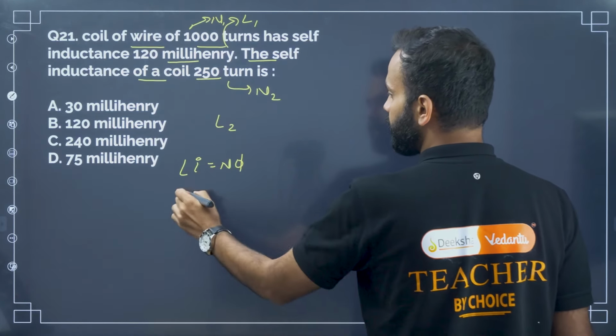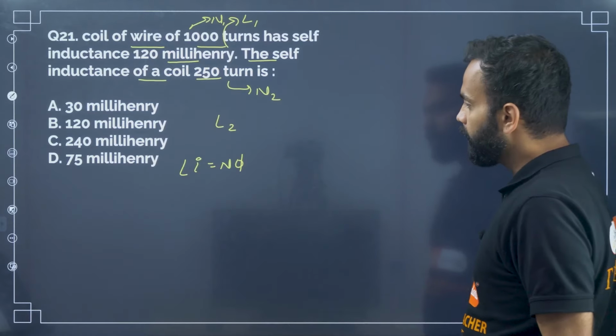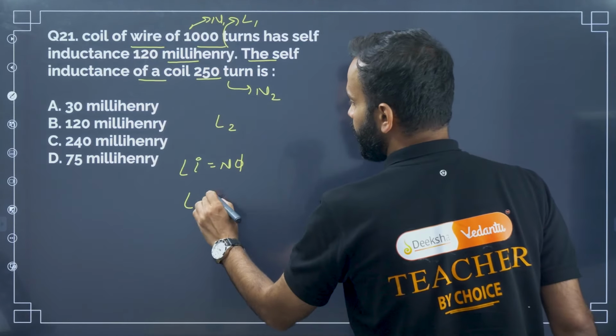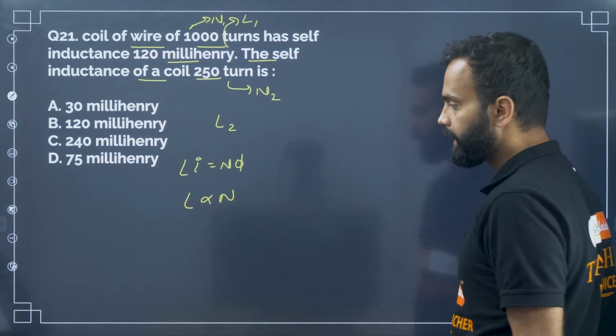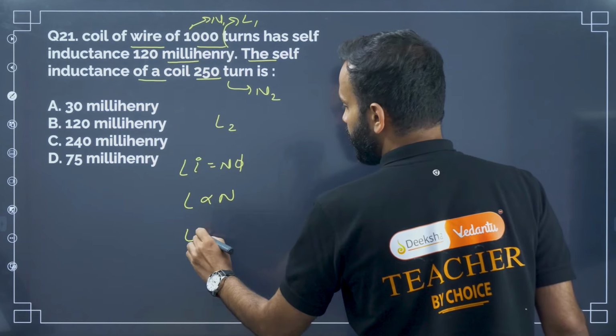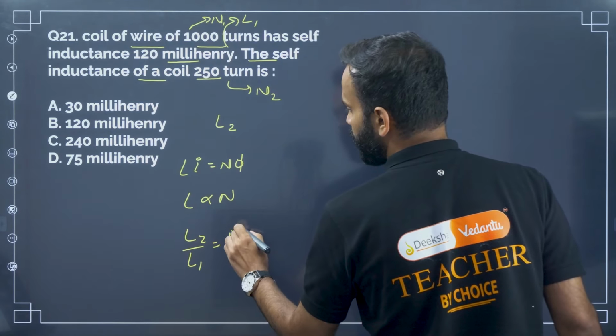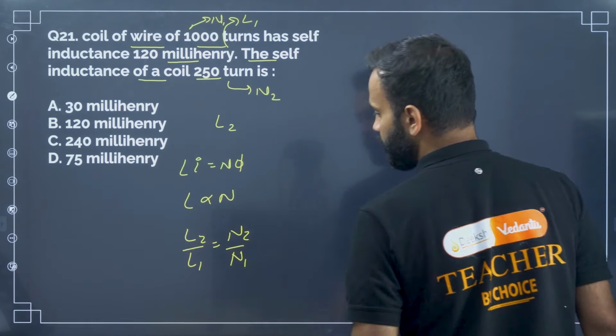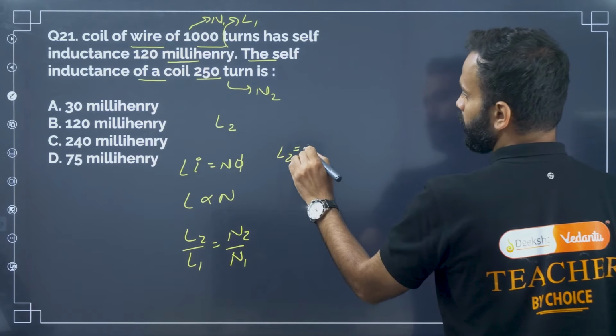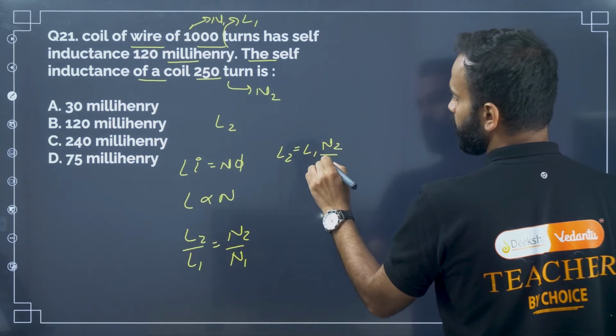So we need to find L2. From this I can conclude that L is directly proportional to N. So L2 by L1 is equal to N2 by N1. Now L2 is equal to L1 into N2 by N1.